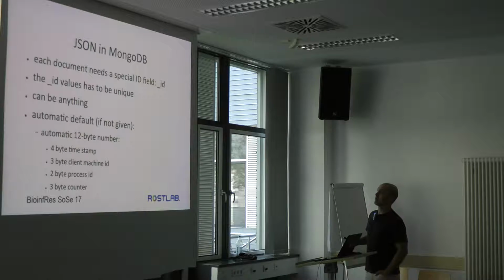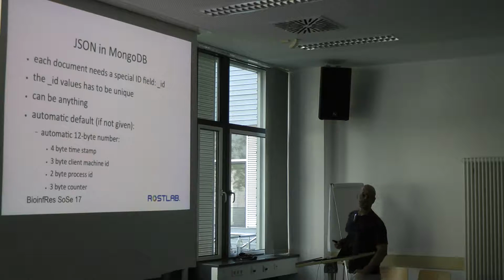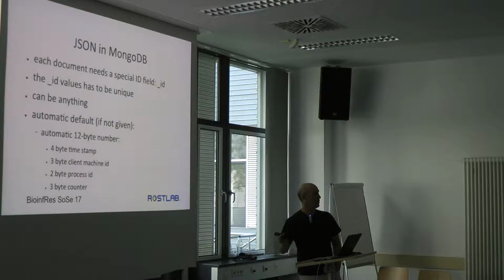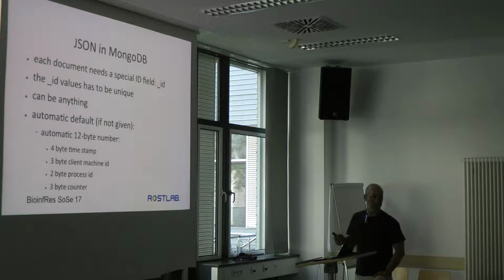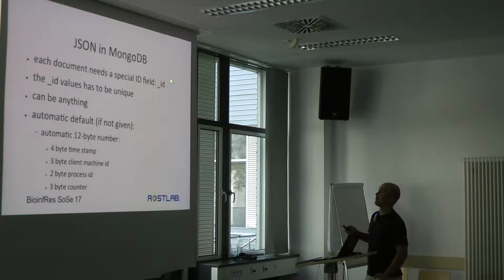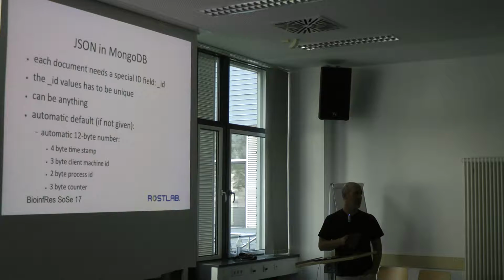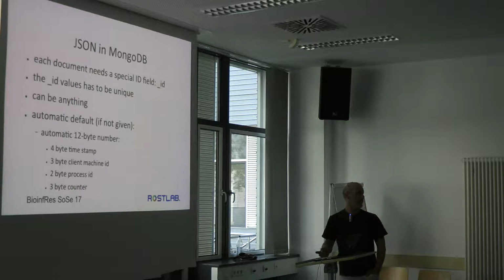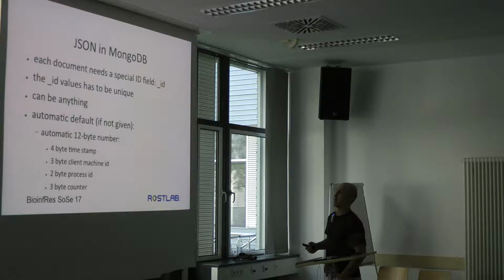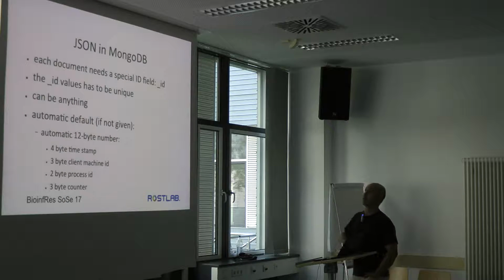Some special things in MongoDB. Every document needs a special ID, that is underscore ID, and that's used by MongoDB to distinguish between the documents. It is possible to give values for this field. Then your application should make sure that they are unique, otherwise you might overwrite things. If you don't specify this field, then it's auto-generated by the database, like an auto-index in relational databases.